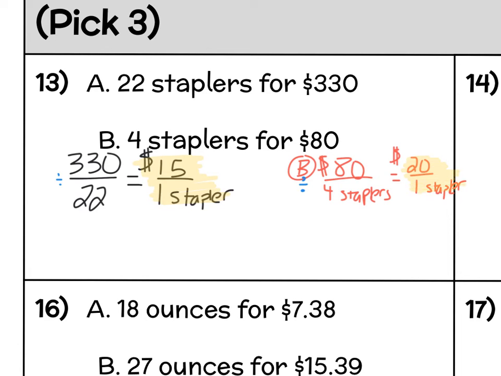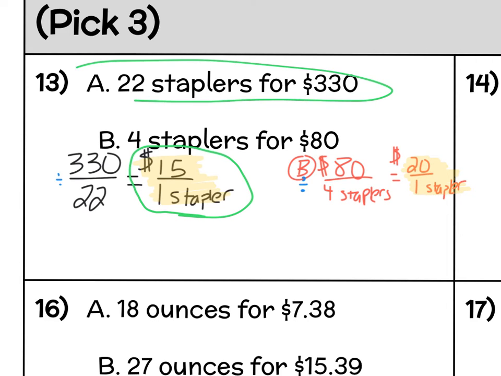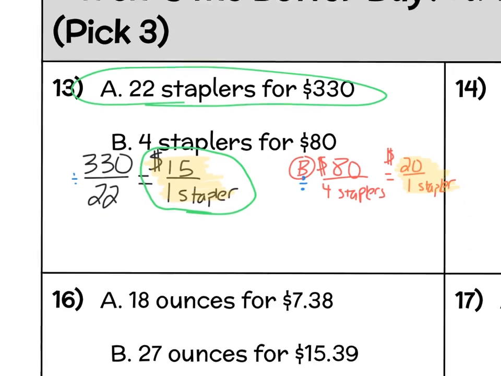Well, which is the better buy? Well, it's the cheaper one. I would much rather pay $15 for a stapler rather than $20 for a stapler. So letter A would be your cheapest price and your better unit rate.